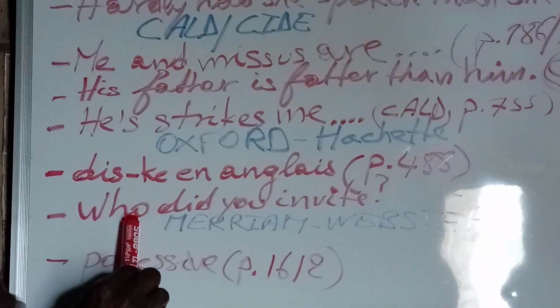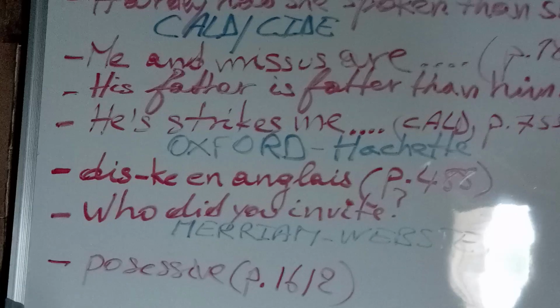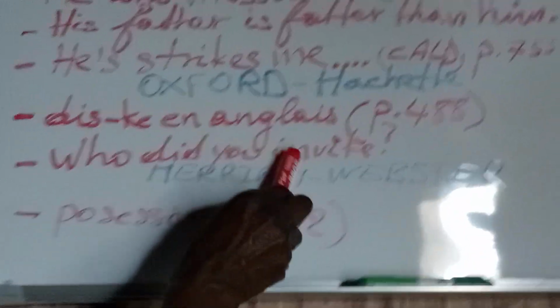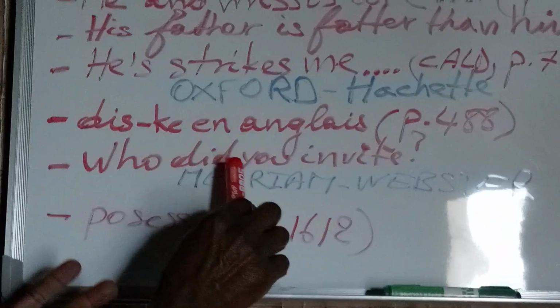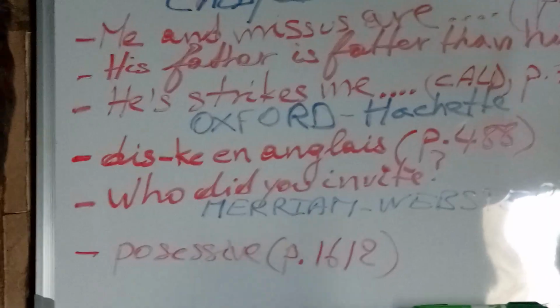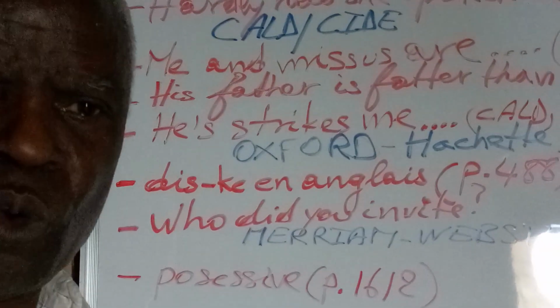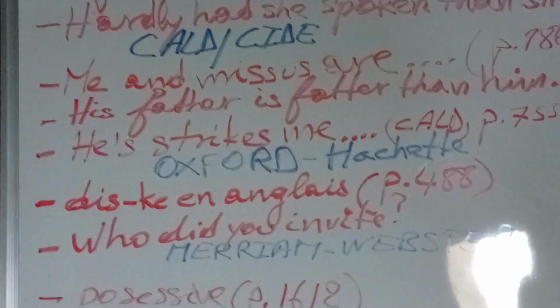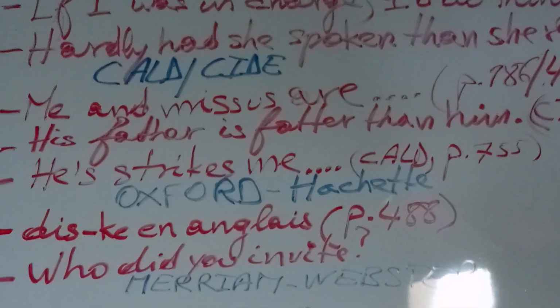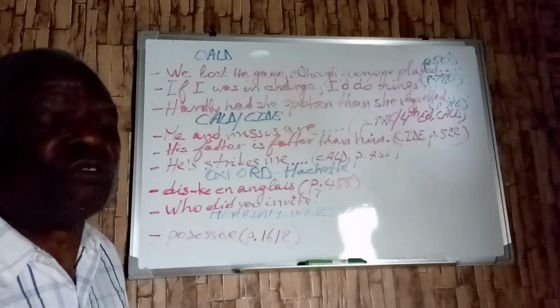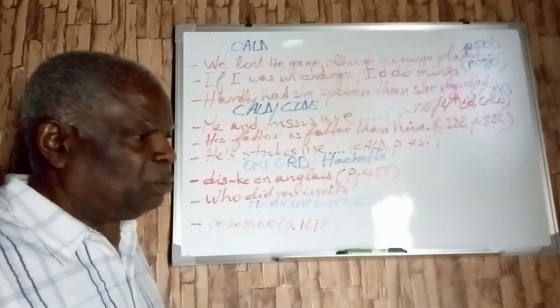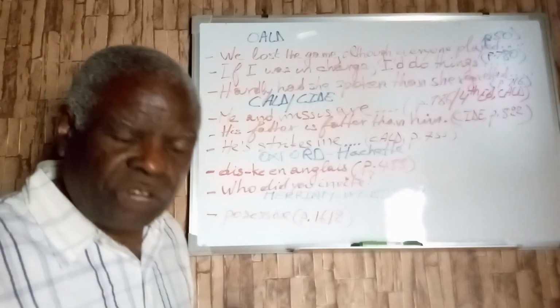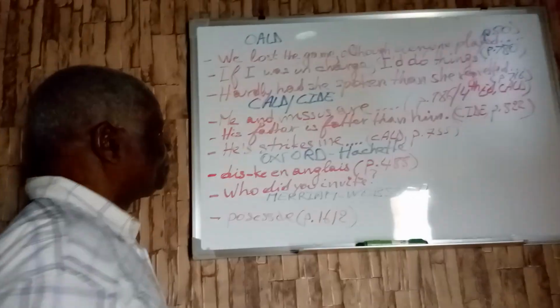So, grammatically speaking, for you to get grades, it was supposed to read "Whom did you invite?" You are talking to whom, not you are talking to who. That's not grammatical. In an exam situation, you will lose marks. I can assure you of that. They want you to come close to perfection, even though no one is perfect.